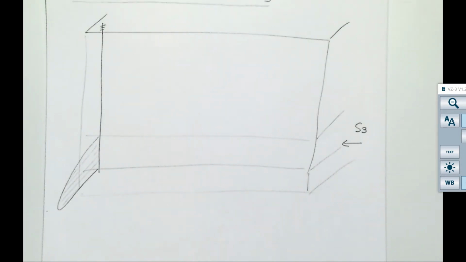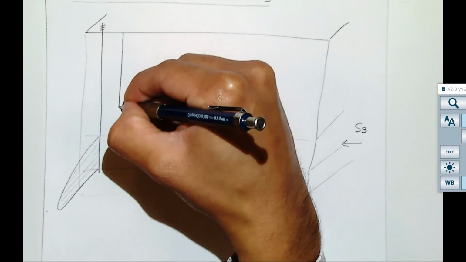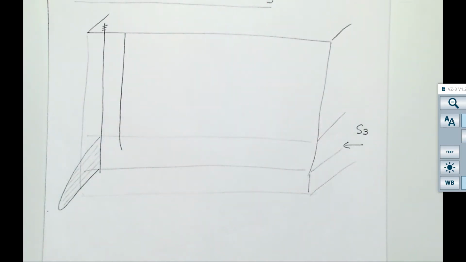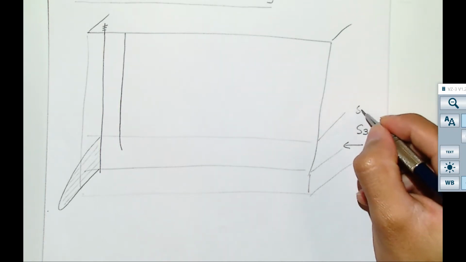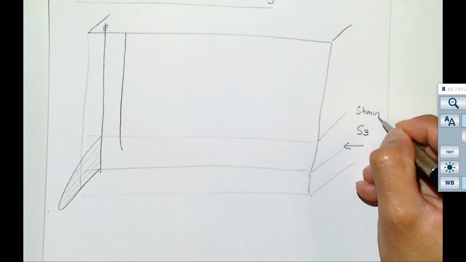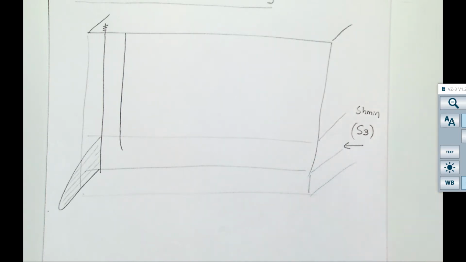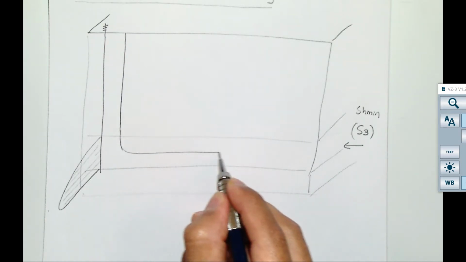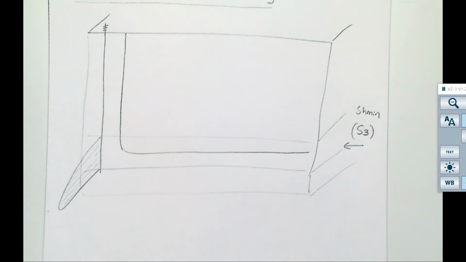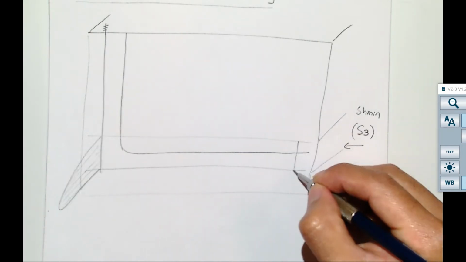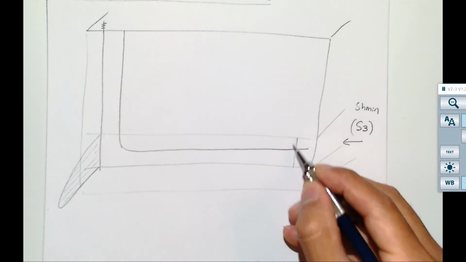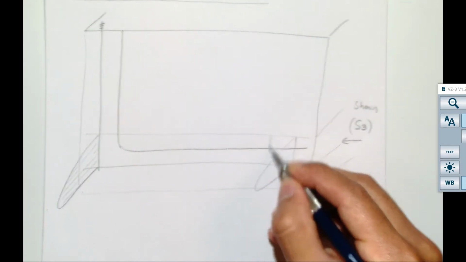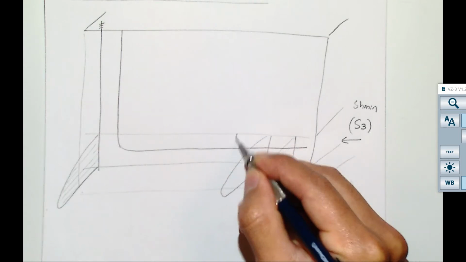By now we know that if SH min is the minimum principal stress, we're going to use horizontal wellbores, and they have to be drilled in the direction of the minimum principal stress, so that at different positions along the wellbore you can place multiple fractures.